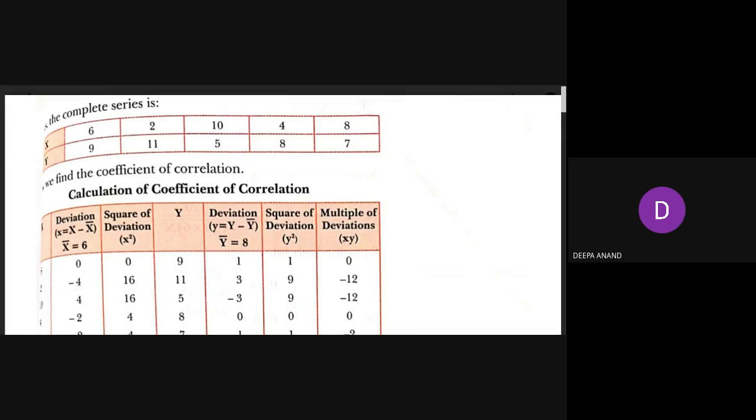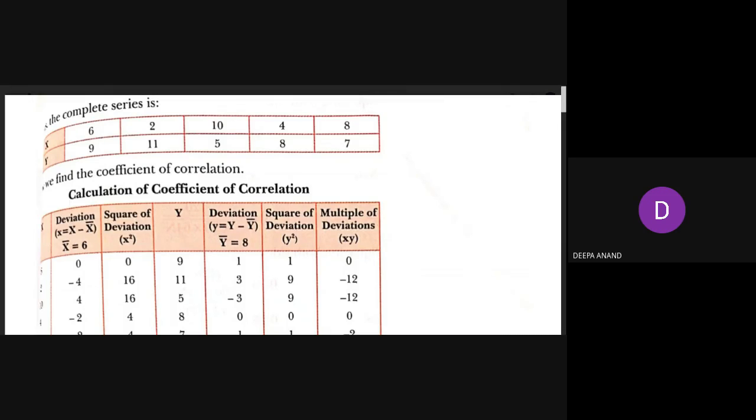After x square, make the y column, then the deviation of y, that is y minus y bar. Y bar is 8, so 9 minus 8, 11 minus 8, 5 minus 8, 8 minus 8 and 7 minus 8.